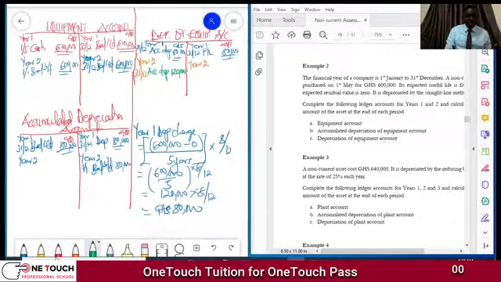Okay, so we've debited the depreciation account, so we need to credit the accumulated depreciation, the name of depreciation, that is 120,000.